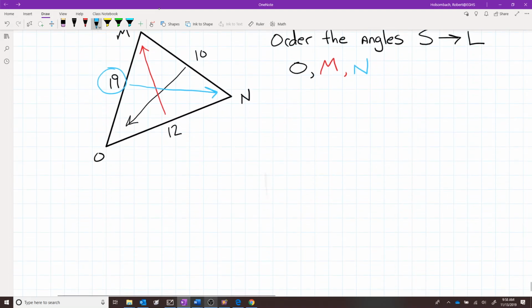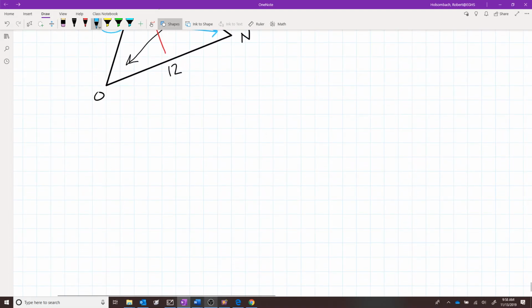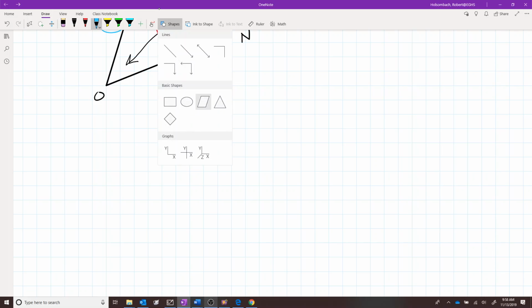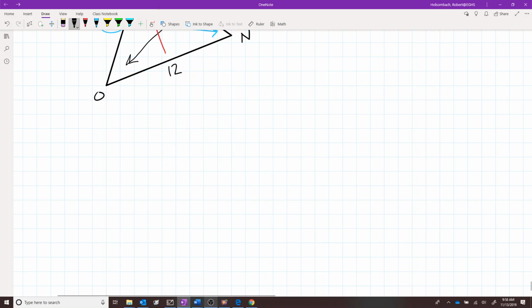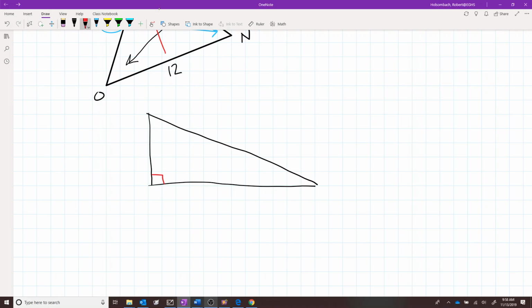What if you were given a right triangle? And your sides were 6 and 20, and we'll call this triangle MNO again. Could you order the angle measures?